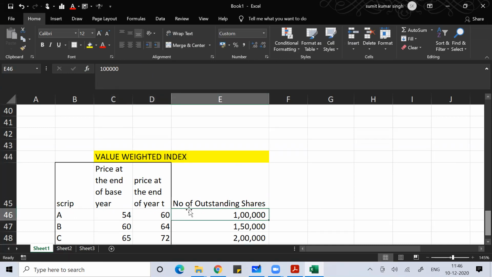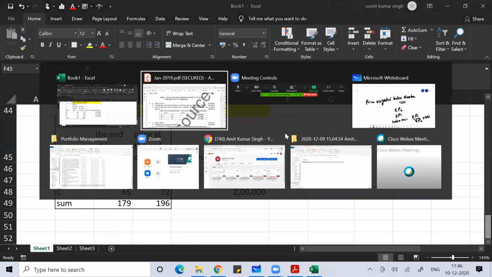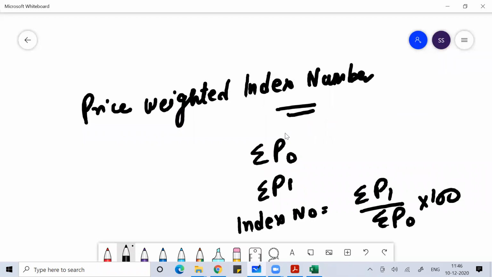This is value weighted index. When we talk about value weighted index, we have to find the market capitalization. Understand what we do in India.